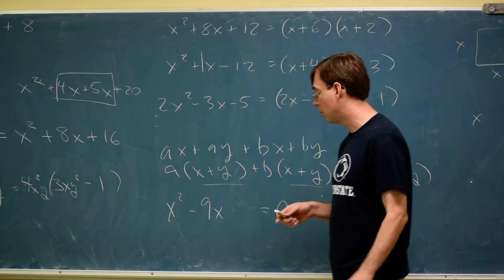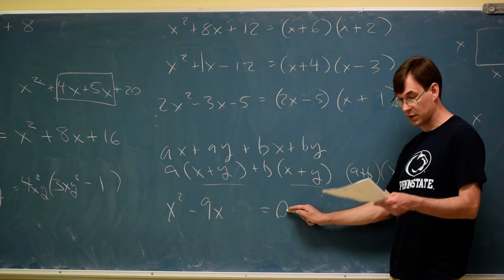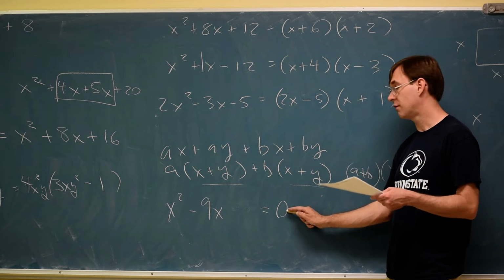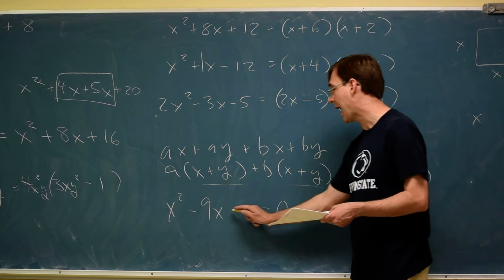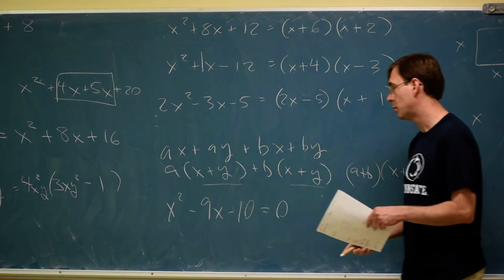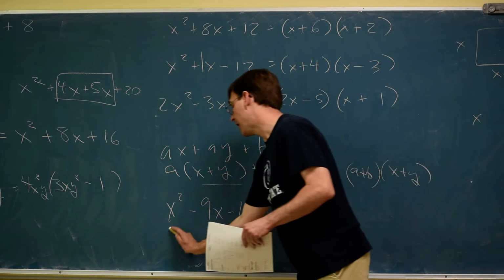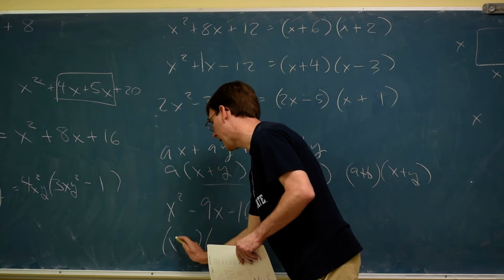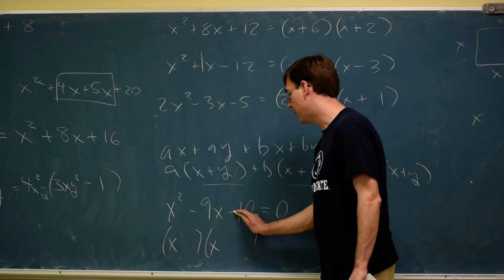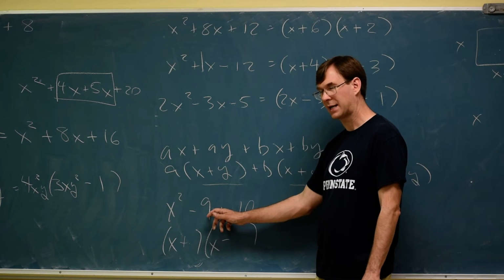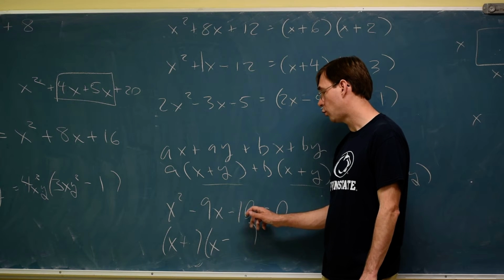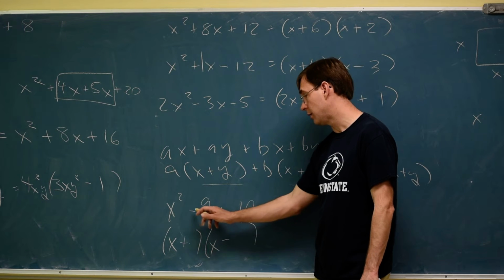48, same theme, but more work, because it's not equal to 0, it's equal to 10. So you have to do an opposite to eliminate the 10. Since it's positive, subtract the 10, and that changes both sides. Then you have to factor by yourself x with a minus. Signs are different. When they're different, we subtract to 9. 10 times 1 would be a pair of numbers that do that.